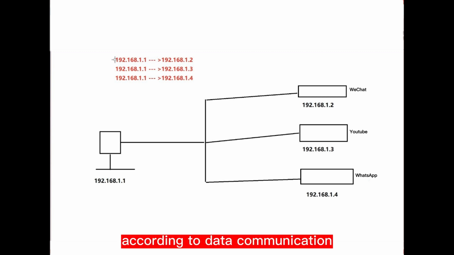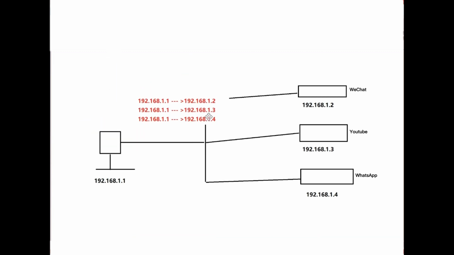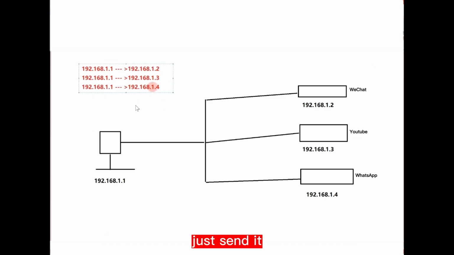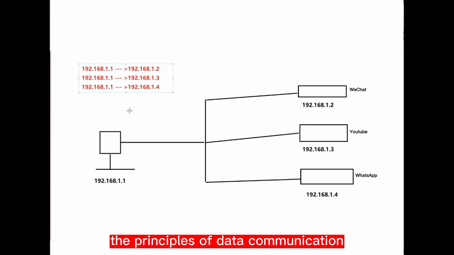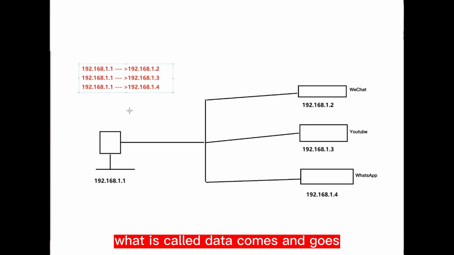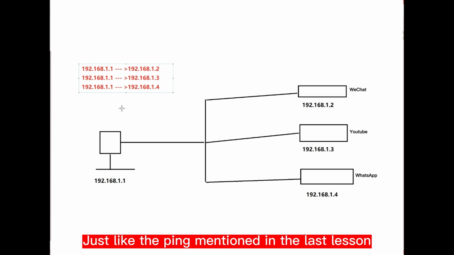According to data communication, this data can definitely pass. Find the address of the server, forward through routers in the middle, and just send it. But among the principles of data communication, we pay attention to what is called data coming and going. A sends data to B. B has to reply with data to A. Just like the ping mentioned in the last lesson.